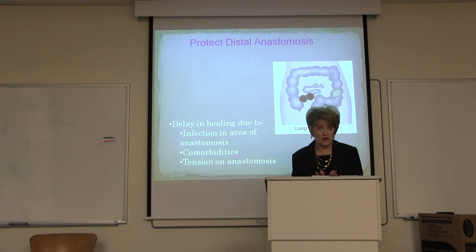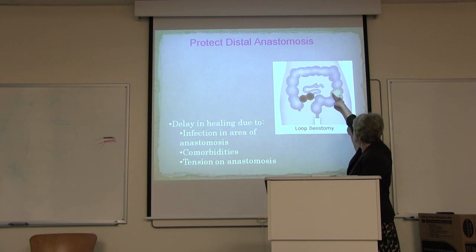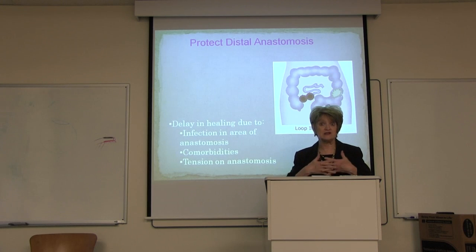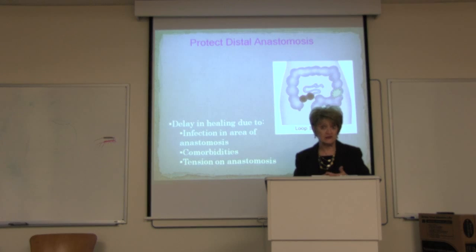Now, some of this you have already heard. We talked a little about this in some of the previous classes when we were talking about problems within the colon that required resection and reanastomosis. And we talked about the fact that if you've done an anastomosis in the colon and that anastomosis is at risk for delayed healing, that is one situation in which it is very common to do a loop ileostomy.